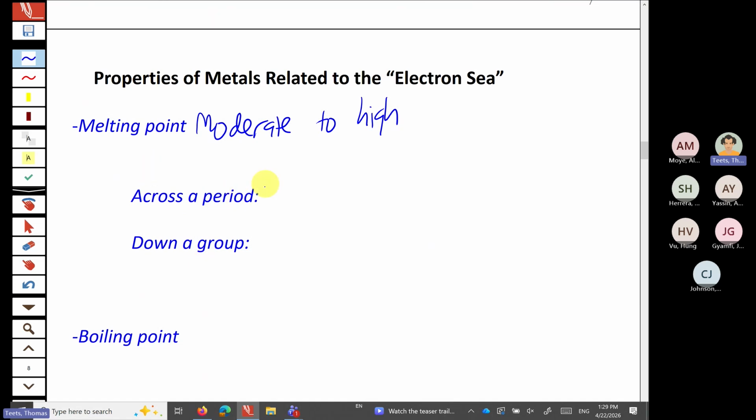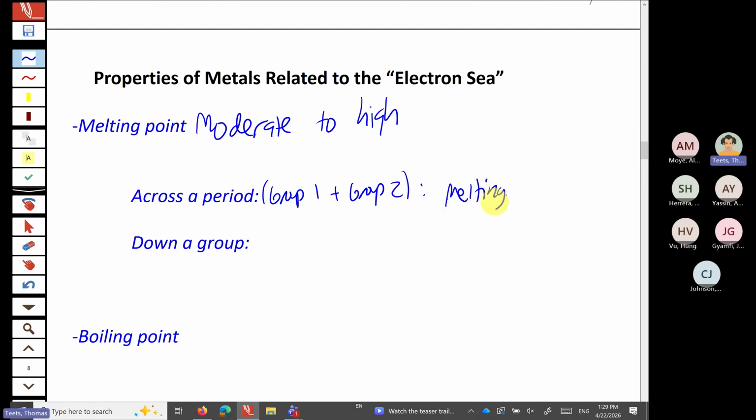So across a period, we're primarily talking about going from group 1 to group 2. Some of the predictions and properties don't work as well in the transition metal series, but if we're talking about just the main group metals, group 1 and group 2, those first two columns, as we go left to right, we would expect the melting point to increase.